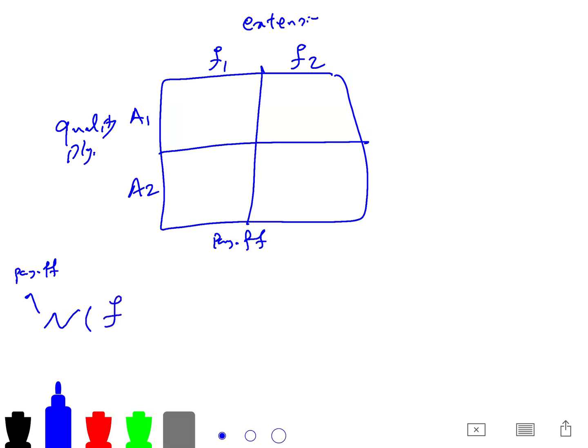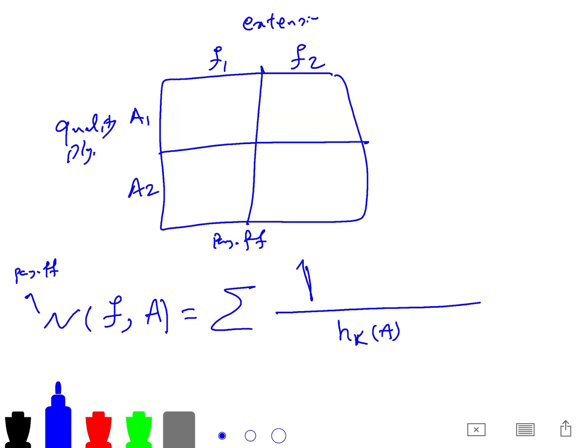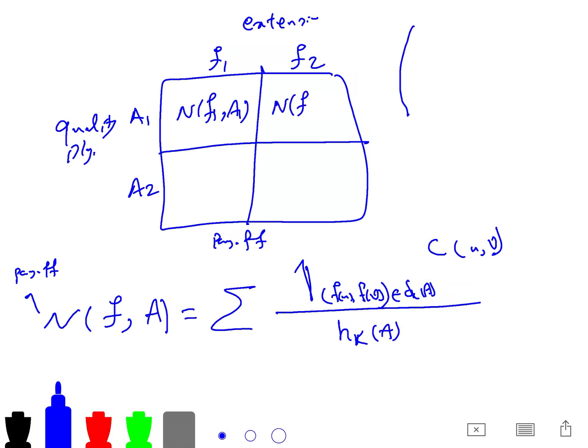Payoff of strategy F, for example F1, or strategy for the quality player A. Then what you get is just the sum over the identity of FU and FV in delta K of A, C of U and V. So the payoff is like here, for example, N of F1 and A1, N of F2 and A1, N of F1 and A2, N of F2 and A2.